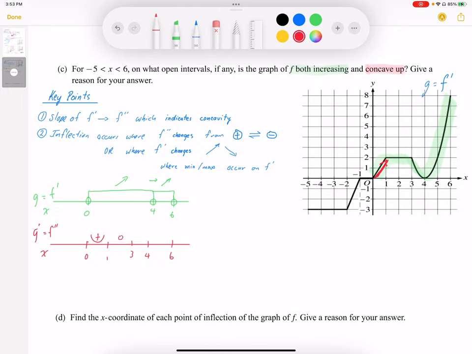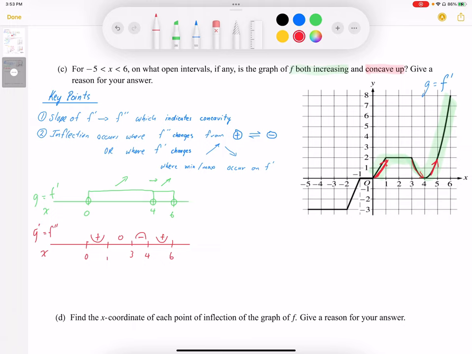From 3 to 4, it's pointing down. So we have negative slope. And then from 4 to 6, it is sloping up. So we have positive slope on the slope, or the positive second derivative, which means we have concave up.